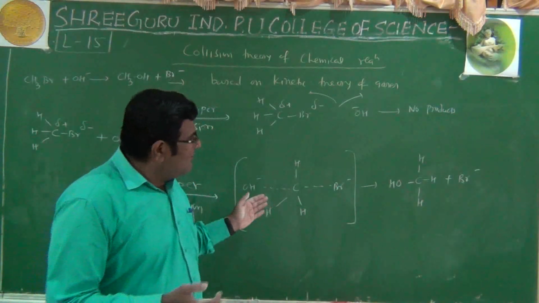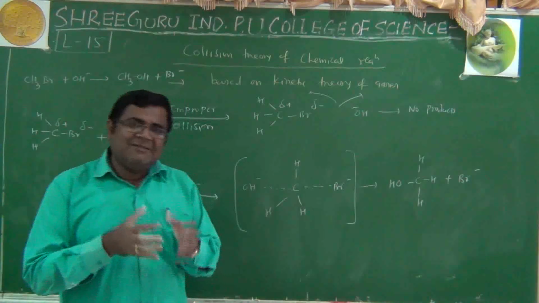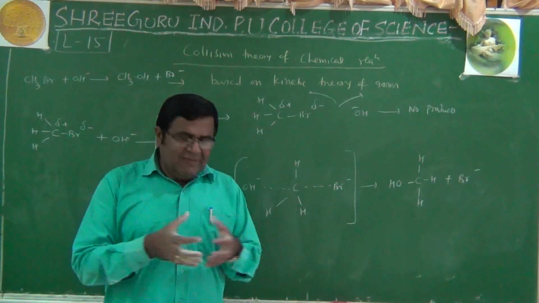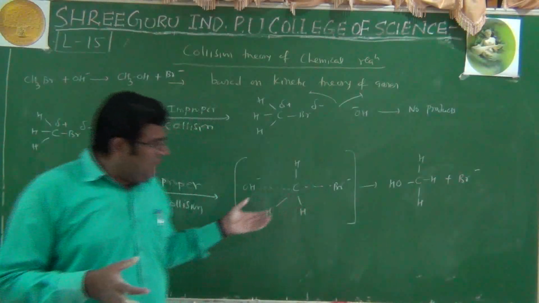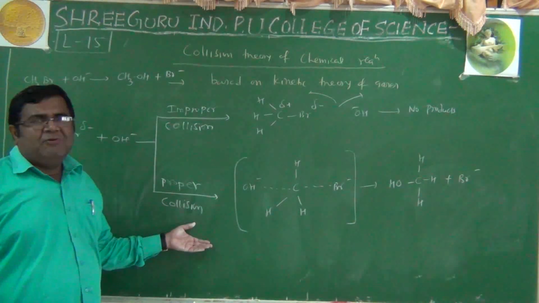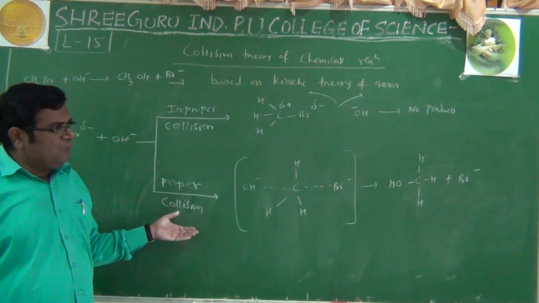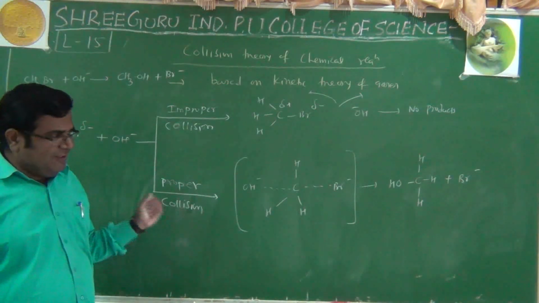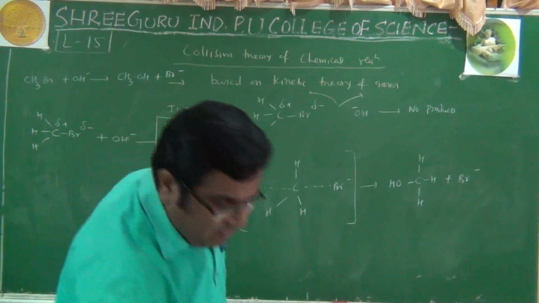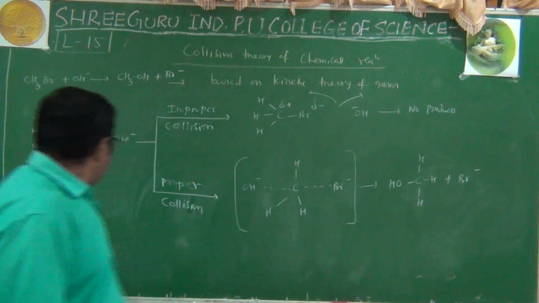Like that, these molecules have collisions which may be in a proper way or an improper way. So theory says that this is very crucial in understanding the rate of reaction.